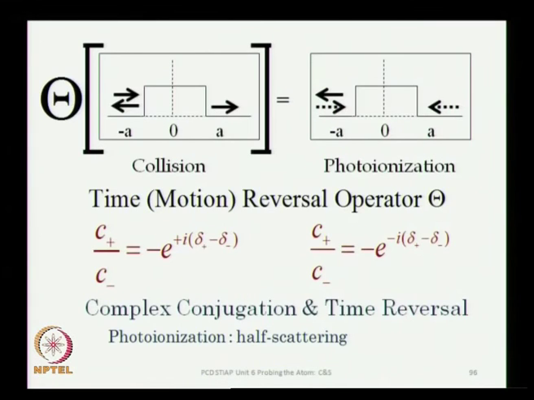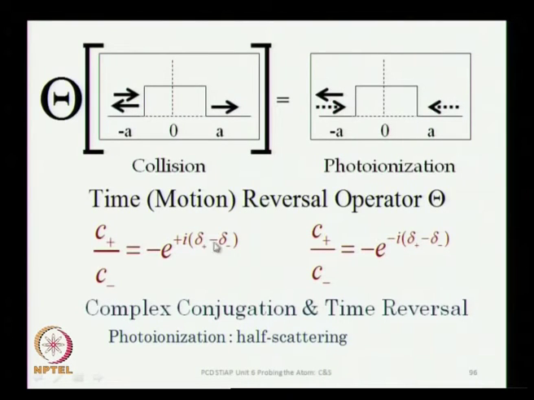Now, while we are working with the one dimensional problem, I will mention a few other properties which can be of importance. Here I highlight this particular result: the motion reversal that you expect to witness as you operate on the collision process by the time reversal operator gives you the photoionization experiment.